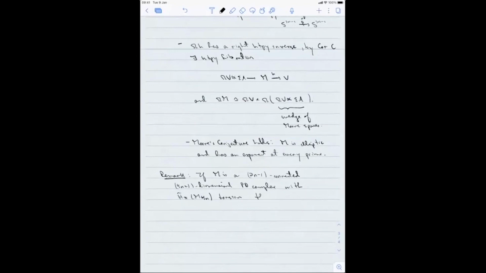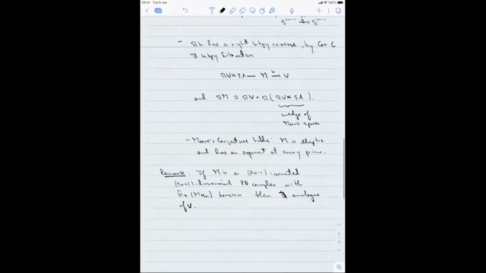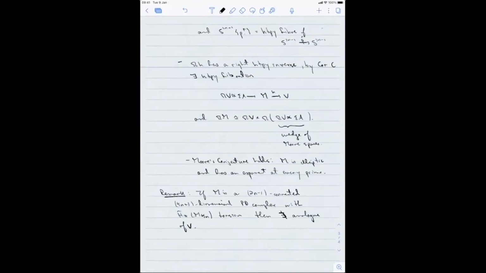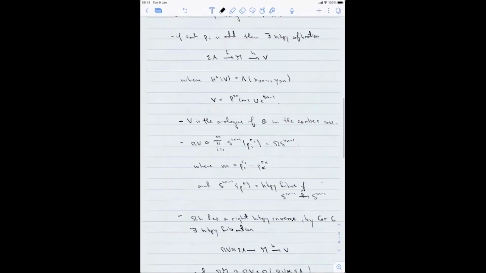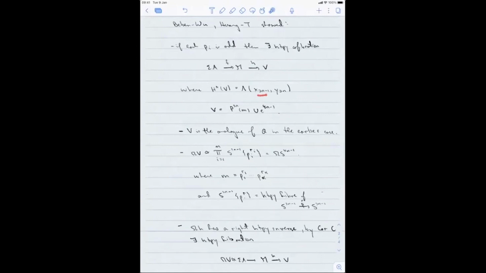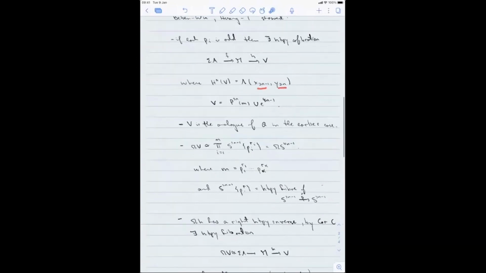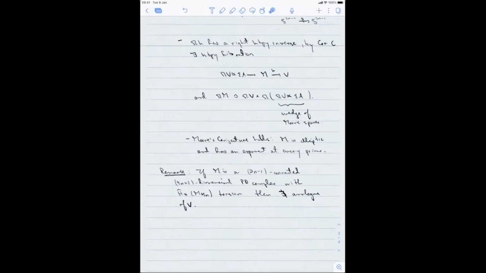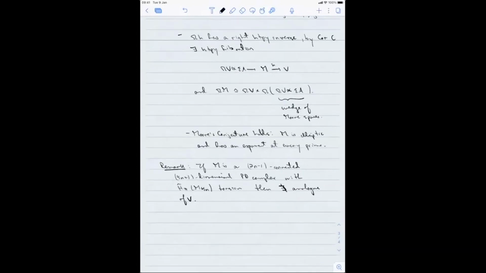Well, unfortunately, in this case, there's no analog of this space V. There's no space with the right cohomology, where instead of an exterior algebra on a 2n minus 1 and a 2n generator, you would hope to have something with the cohomology of an exterior algebra on a 2n and a 2n plus 1 dimensional generator, but no such space exists. So a different approach is needed.